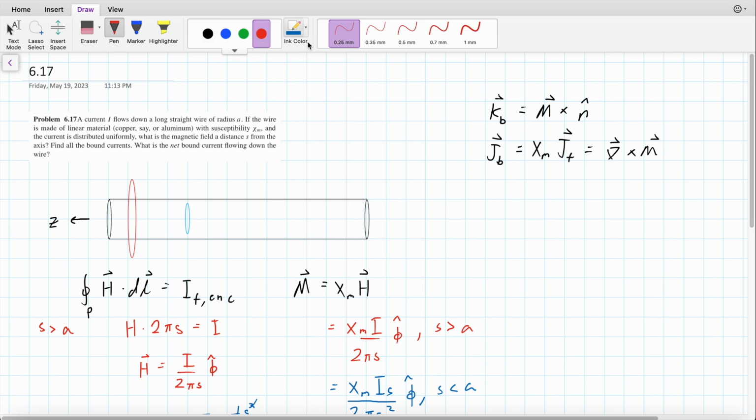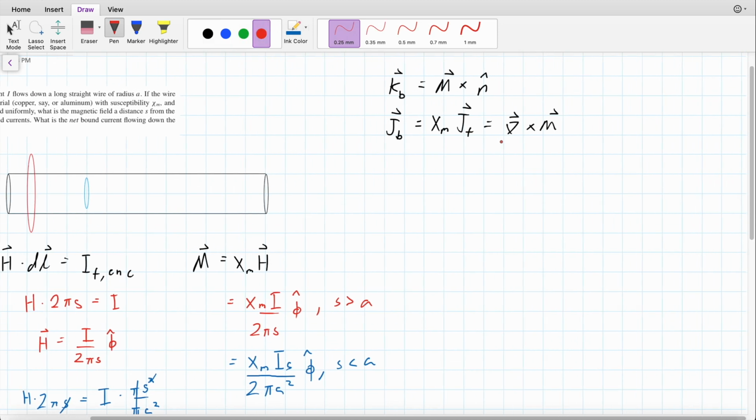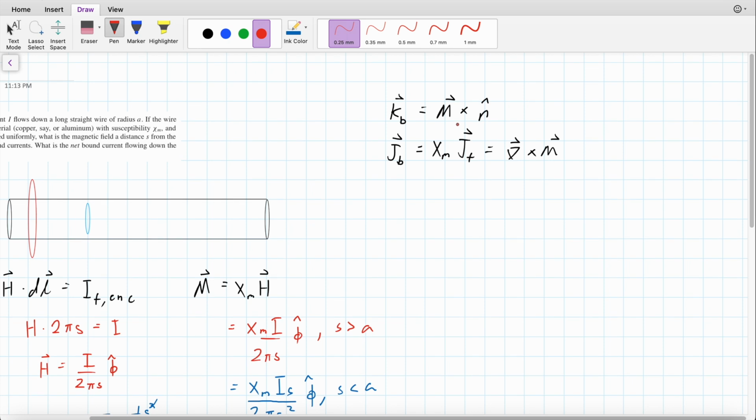I need to use red, because this is all dependent on whether we're inside or outside of the cylinder. Since we're dealing with K_B, we're using the outer surface of our cylinder, so our red.